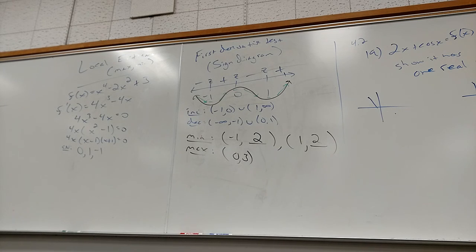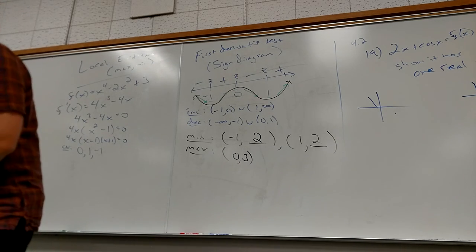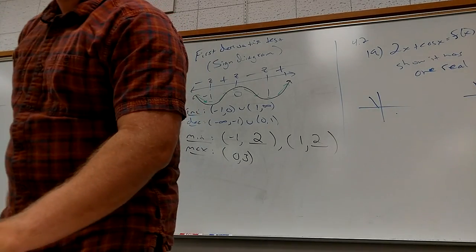That's why continuity often has brackets, and differentiability often has parentheses, meaning you can't include those endpoints. Okay, maybe. But absolute maximum, yeah, they look at that. All right. I like it.